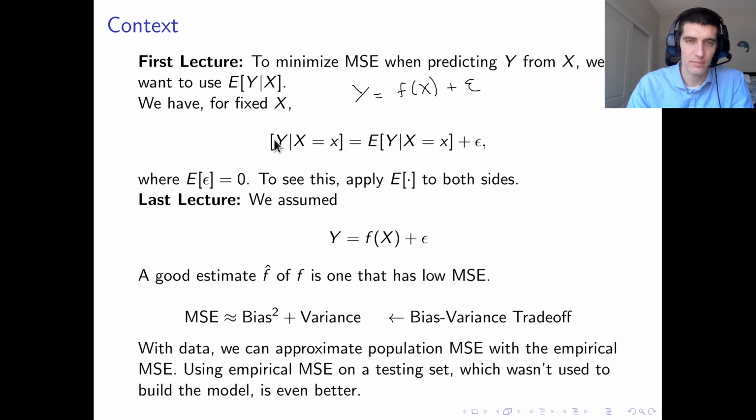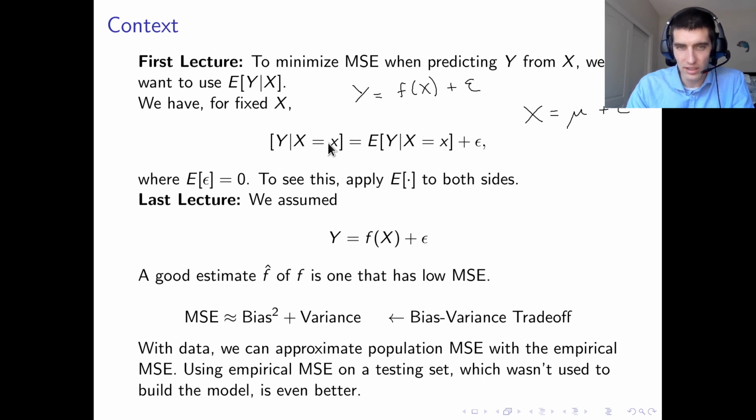This probably looks a little mysterious, but what I'm saying is we can write any random variable x. Let's say I have any random variable x. I can write it as a linear combination of some constant mu, where mu is its mean, plus some random variable epsilon. So this thing is constant and this thing is random.